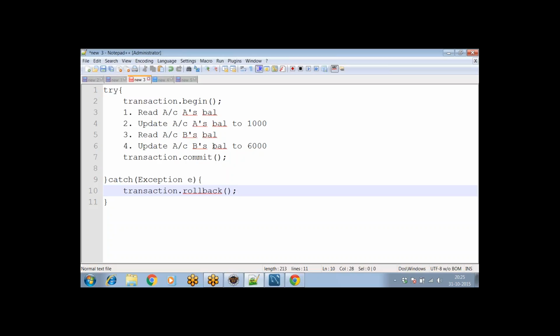So before the execution of the transaction, if the database system is in a consistent state, after the execution of the transaction also, no matter if the transaction executes successfully or not, it should always leave the database system in a consistent state itself.